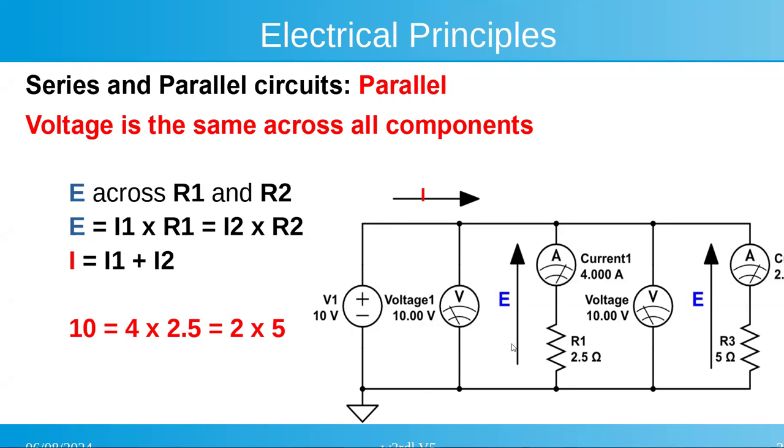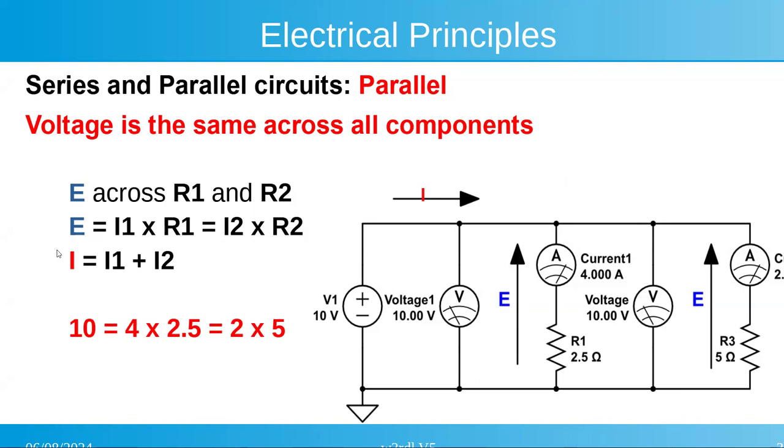So the way you calculate those, in a nice simple one where you've got 2, and this only works for 2, you can multiply the 2 together and divide them by the sum and get the equivalent resistance. Otherwise, if you've got more than 2, you've got to do the reciprocal of the reciprocals.